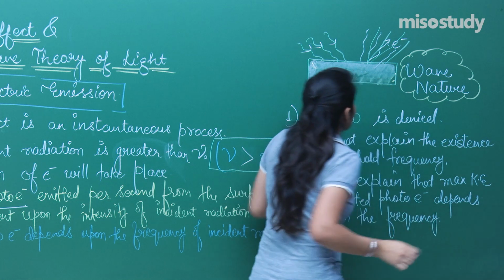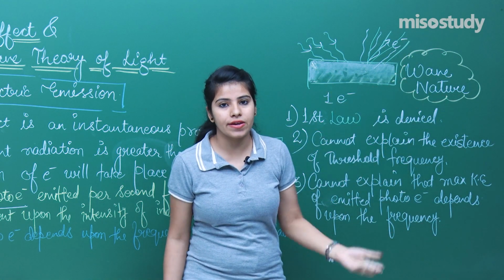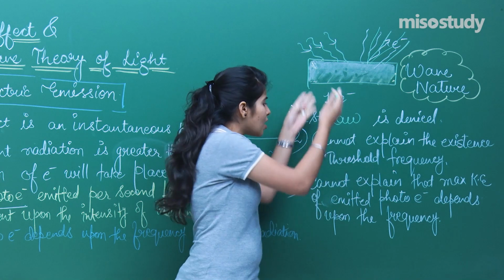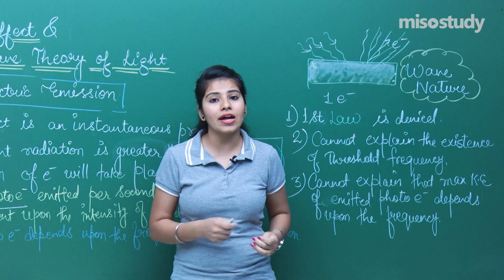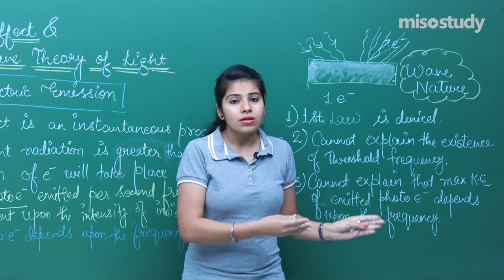Because it was saying that the more the intensity, the more the emission of electrons, right? So if these are not being obeyed, we cannot say that light is showing the wave nature.